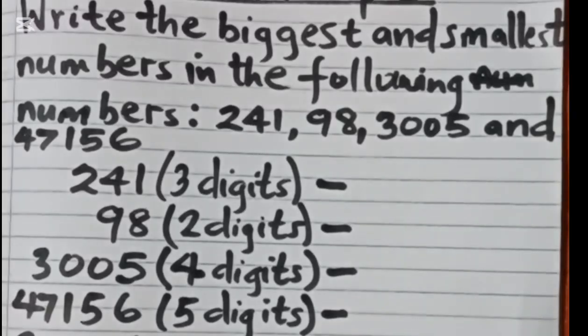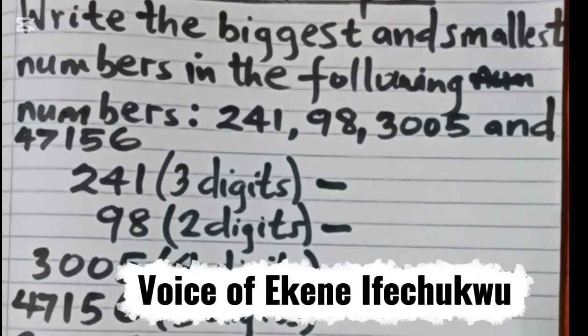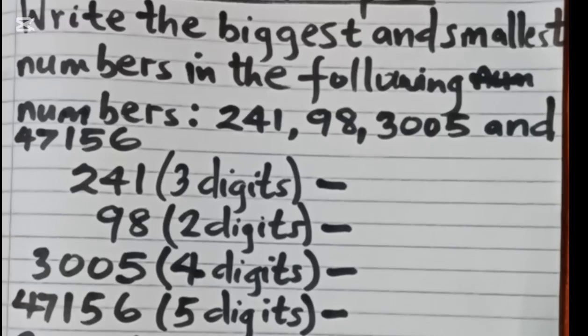In this worked example, in comparing whole numbers, when there is a difference in the number of digits, we are expected to write the biggest and the smallest numbers in the following numbers given: 241, 98, 3005, and 47156.